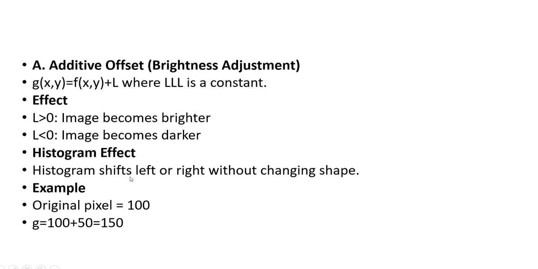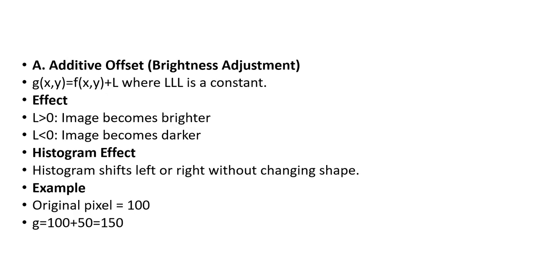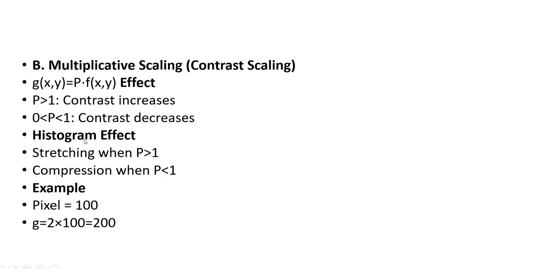If the original pixel is 100, then I add 50 to it, and so it becomes brighter. If I subtract, say minus 50, which is less than 0, then the image will become darker. First one is additive offset.